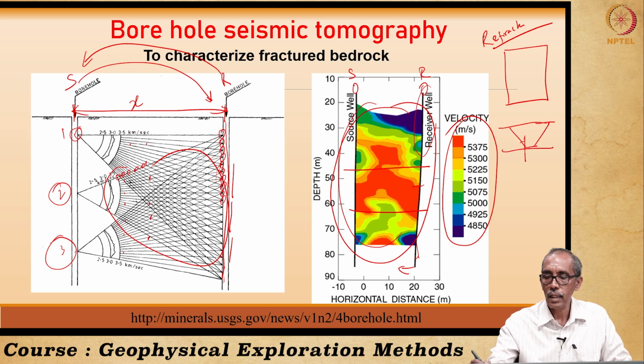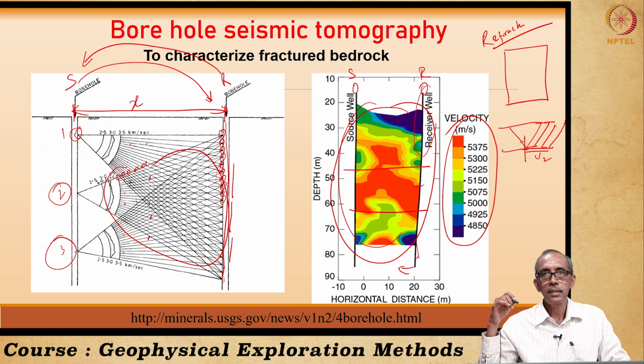Because it meets at critical angle, the shock waves are traveling at the velocity of the lower layer V2, which is here at the geophones kept at the surface. Then we had a look into estimation of thicknesses of layers for one layer case. Then we had seen for two layers and multi-layer.